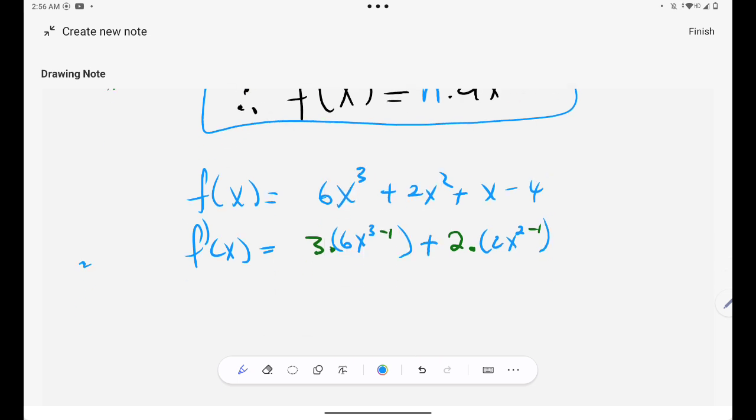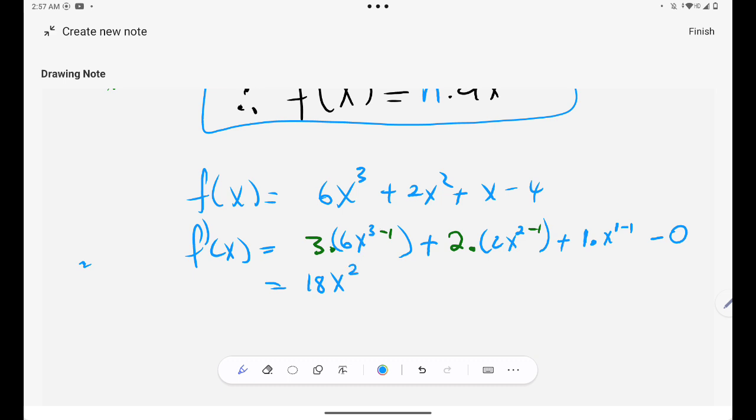Are you together? And then for this one, my exponent is 1. So I'll say 1 multiplied by x to the power 1 minus 1. And then here, the derivative of a constant is 0. So my final answer will be 3 times 6 gives me 18, x to the power 3 minus 1 is 18x squared.